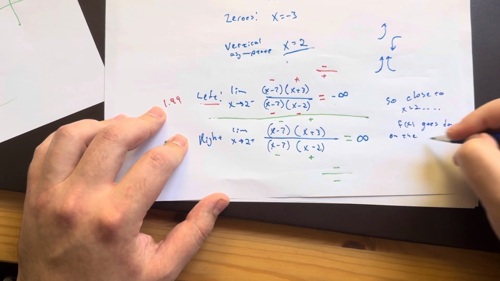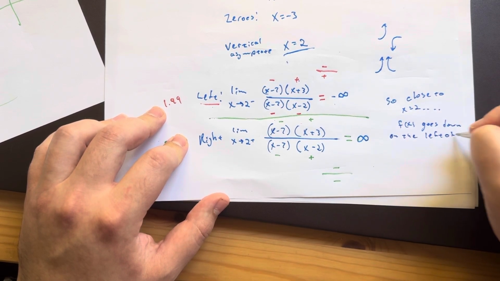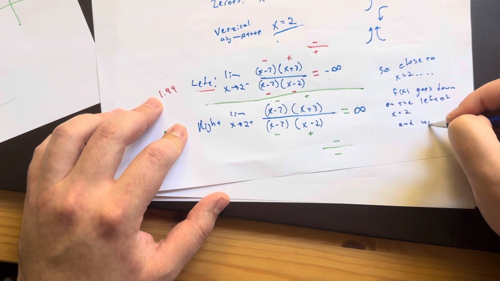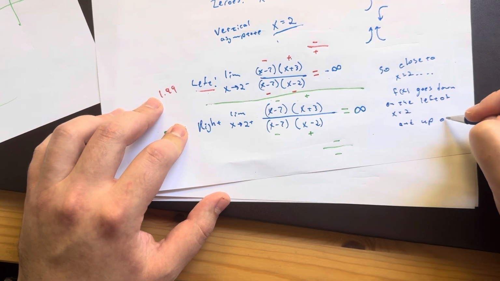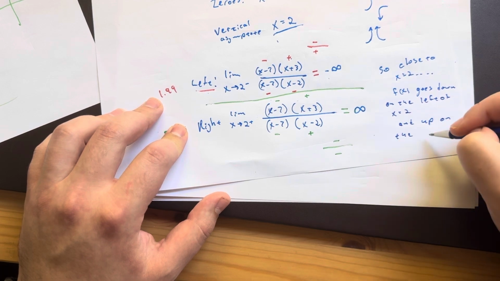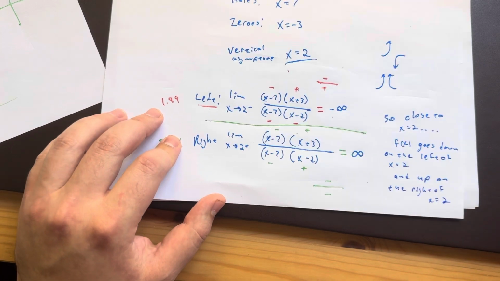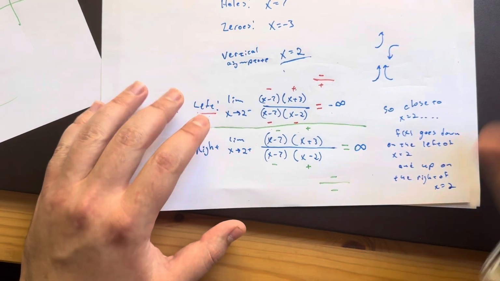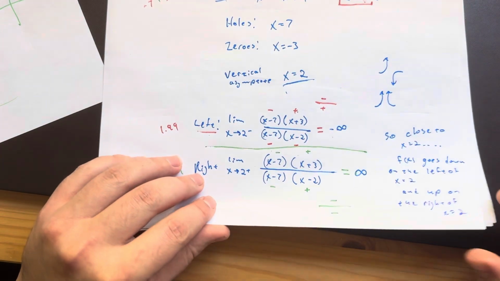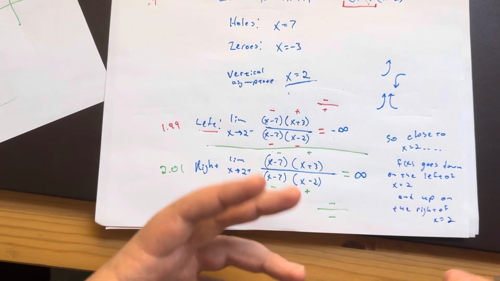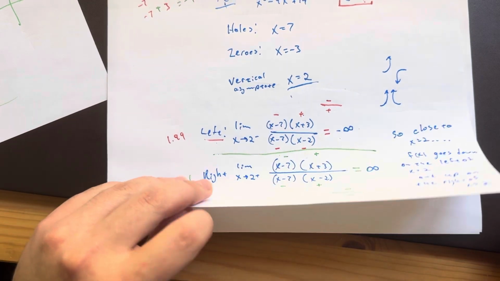On the left of x equals 2. And up, positive infinity, on the right of x equals 2. All sorts of fun stuff that I could ask around these. Vertical asymptotes are tricky and gross and weird, but they are what they are.